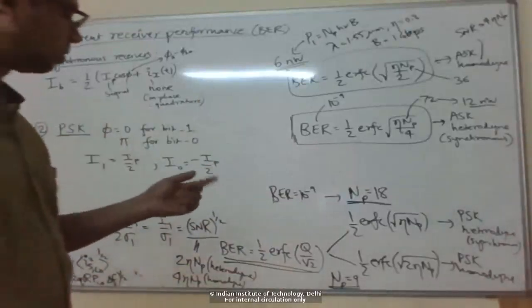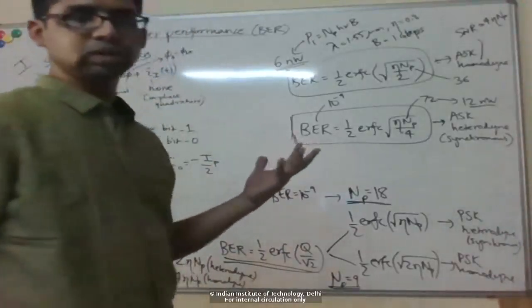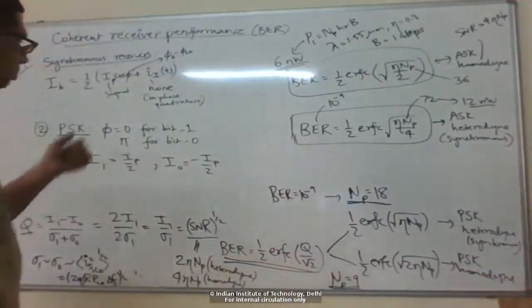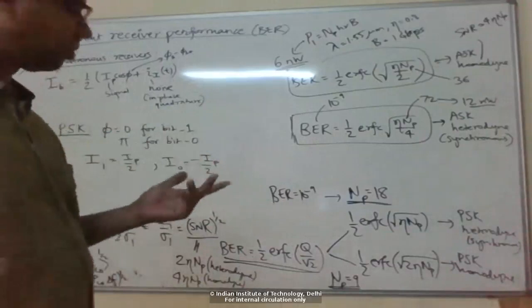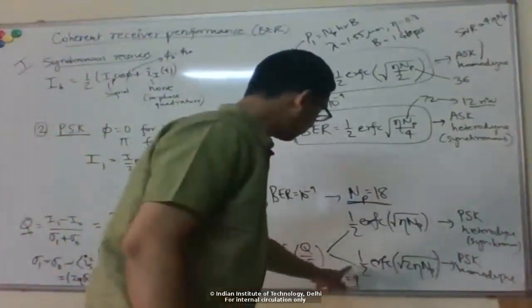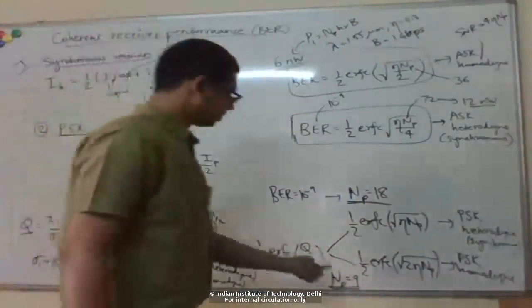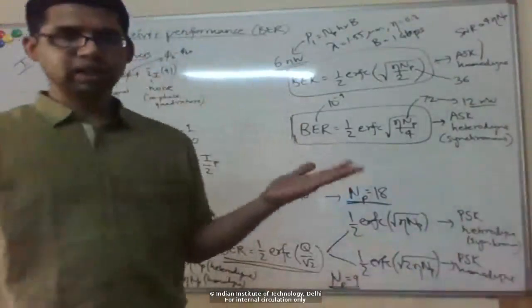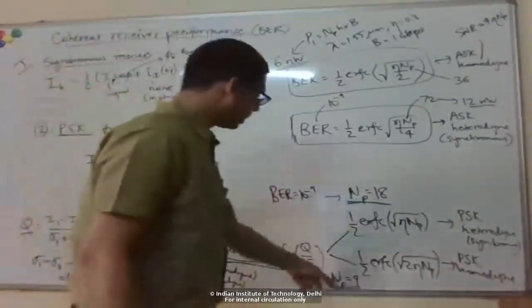That, if you recall, was around 20 photons for bit 1, or if you average over bit 0 and bit 1, about 10. So this is 9, which is better than the ultimate quantum limit for direct detection, and also this is actually realizable.